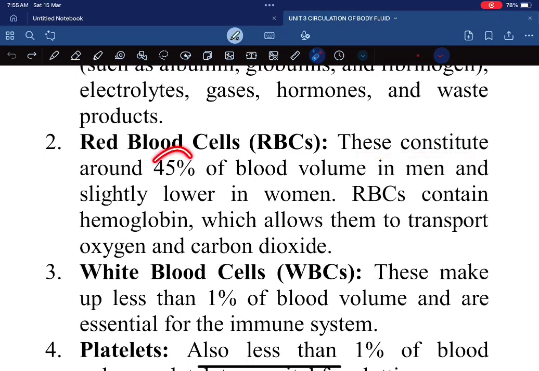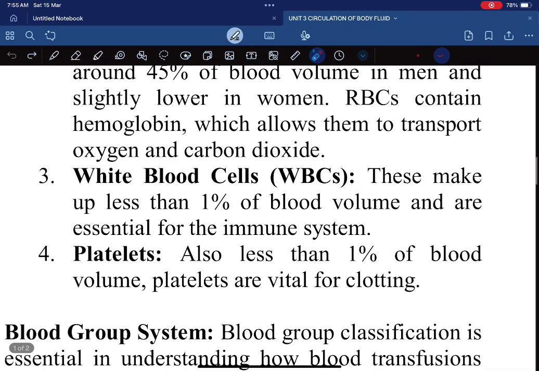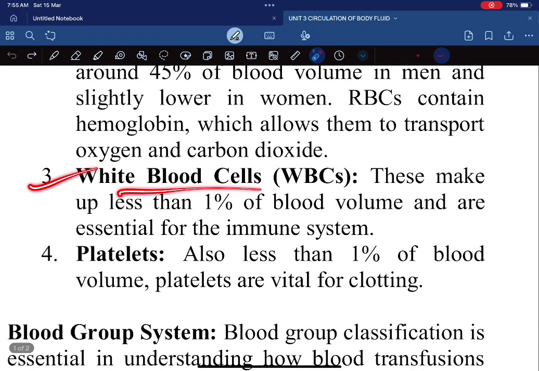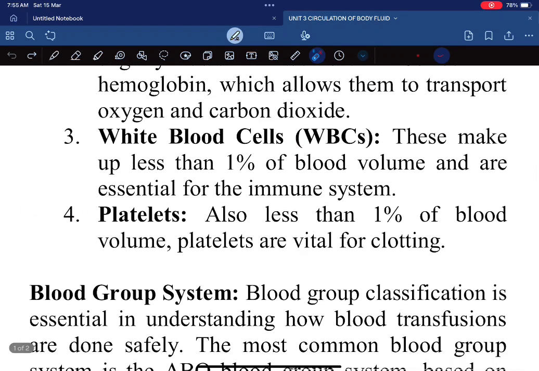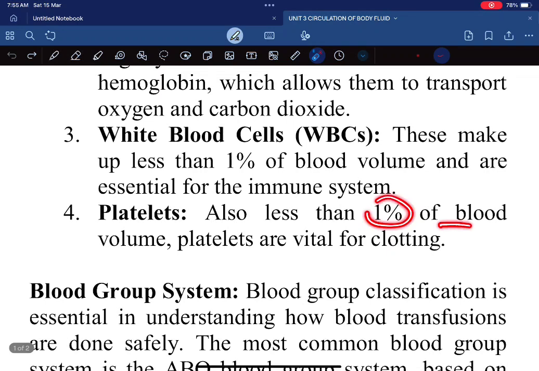These constitute around 45% of blood volume in men and slightly lower in women. RBCs contain hemoglobin, which allows them to transport oxygen and carbon dioxide. Third, WBC. These make up less than 1% of blood volume and are essential for the immune system. Fourth, platelets. Also less than 1% of blood volume, platelets are vital for clotting.